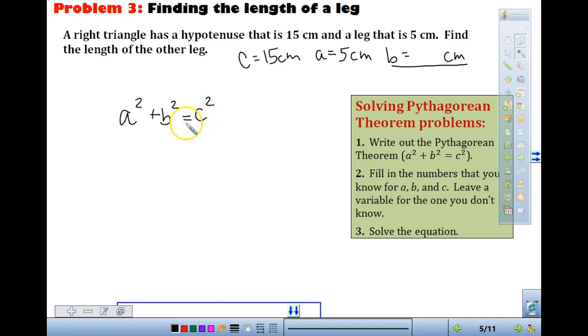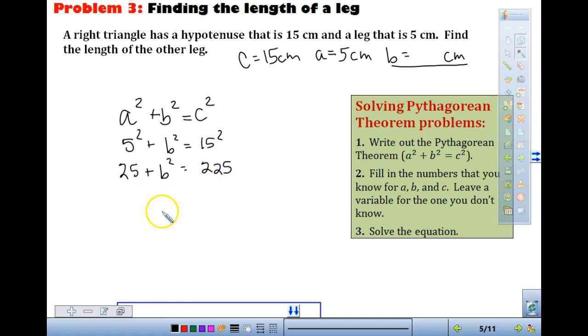So as we are looking at that one, tell me, what are we putting in for A? Five. Squared. I'm going to leave it as B squared. Ellen, I'm going to put what for C squared? 15. So we know 25. Hopefully from our memorizing, the 15 squared was 225.